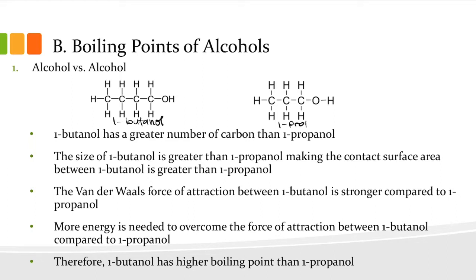As you can see from the structure, 1-butanol has a greater number of carbons than 1-propanol. Meaning to say, the size of 1-butanol is greater than 1-propanol. Therefore, the contact surface area of 1-butanol is greater than 1-propanol.